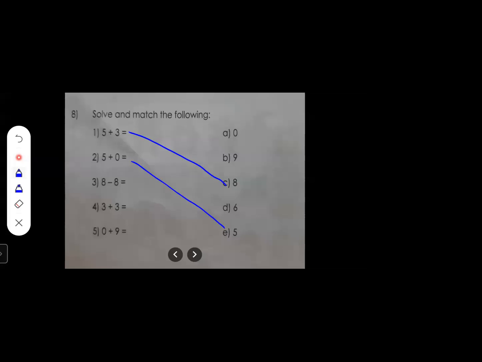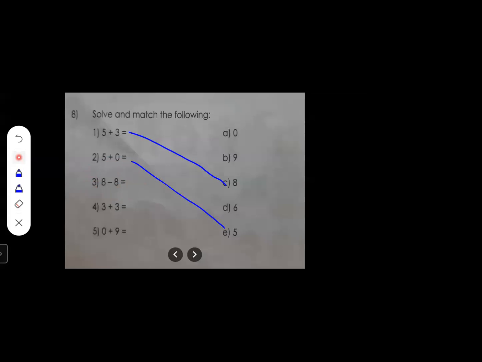Now next. 8 minus 0. What is written? 8 minus 0. So all the students take 8 fingers on your hand fast. Very good.